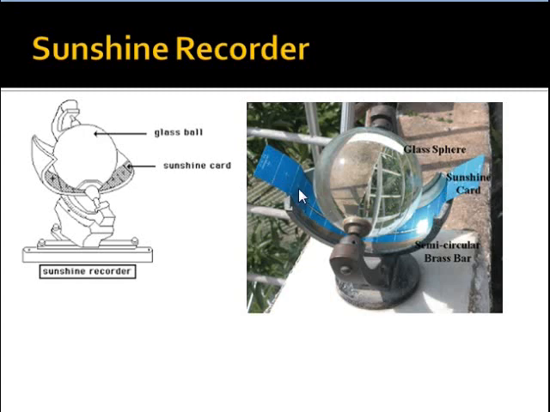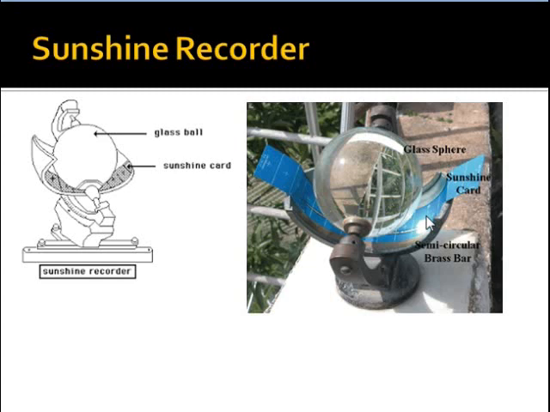This sunshine card is made so that when bright light of high intensity falls on the card, it starts burning. So that blackened part, or the burnt portion of the sunshine recorder card, is the point of measurement.